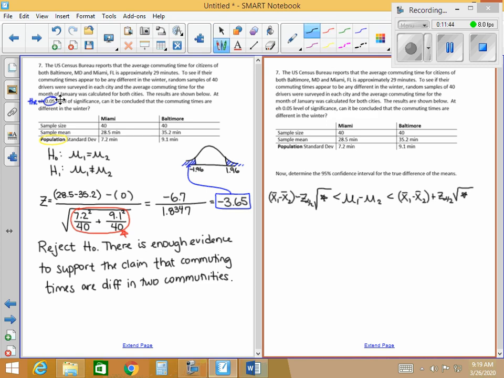And since we already did the hypothesis test on this, same with my 9.2 example, then that saves us a little bit of work. I know the difference in those two samples there is negative 6.7. For a two-tailed test, I know that my z-score is 1.96, and I found out the square root of that stuff was 1.8347.